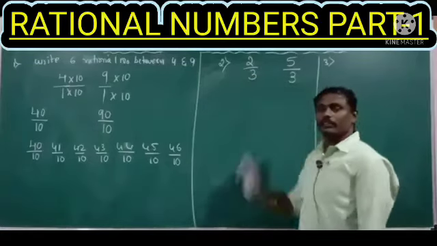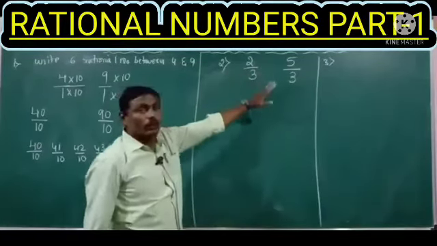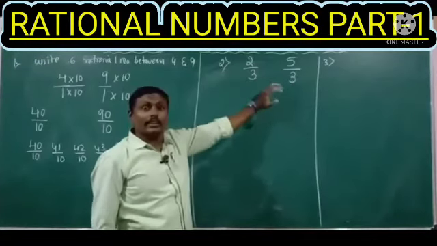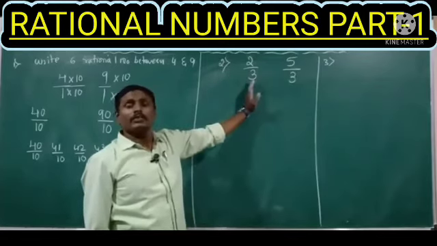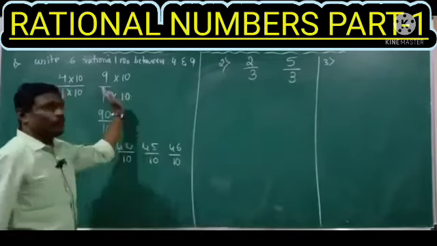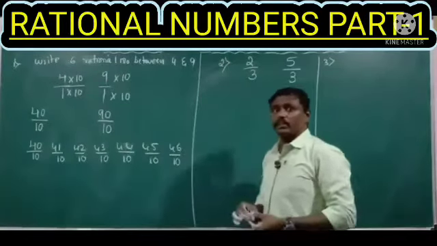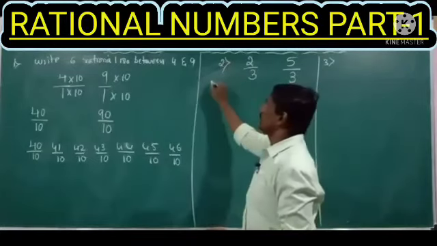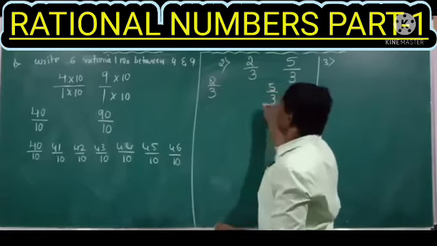Just observe the given fractions. What are the given rational numbers here? 2 by 3 and 5 by 3. In the place of denominator, the values are same, 3 and 3. In these types, we apply the same method. The first one is 2 by 3 and the second one is 5 by 3.